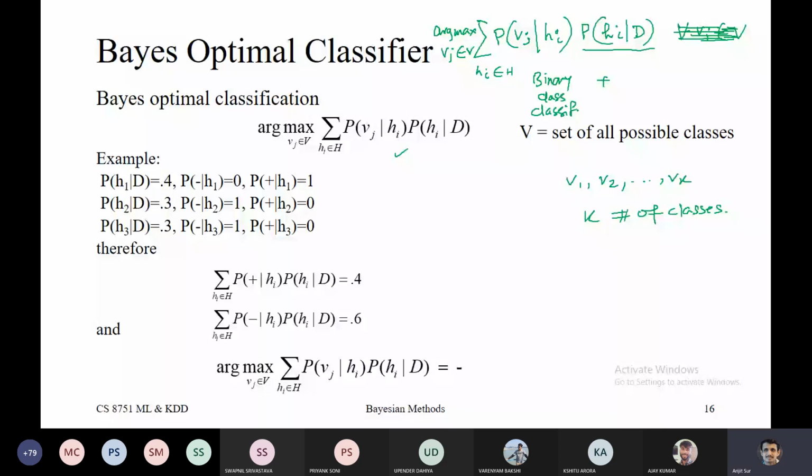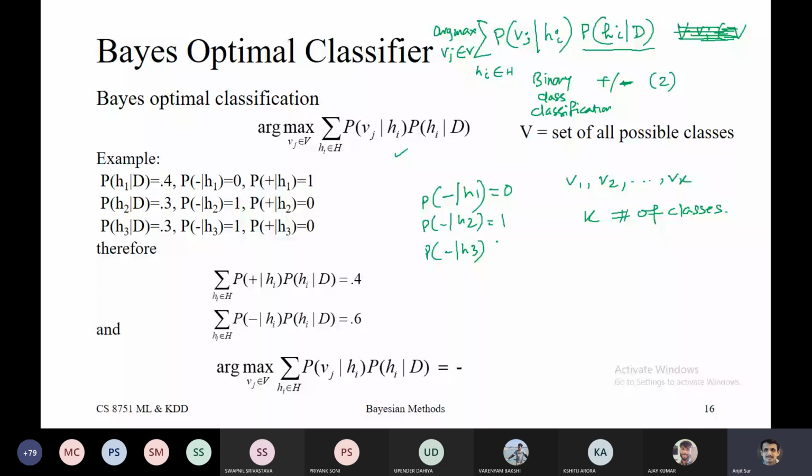So we have to calculate the probability of minus given H1, minus given H2, and minus given H3. Minus given H1 is 0, H2 is 1, H3 is 1.